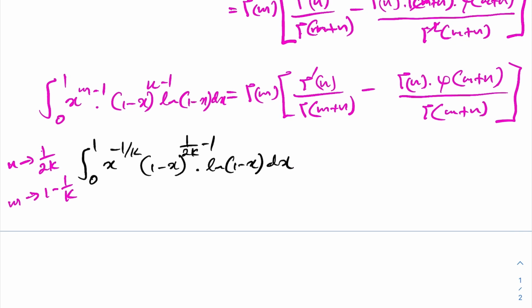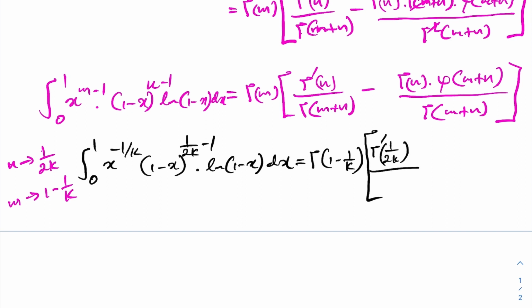Now this side, the right hand side, we have gamma of m, we know 1 minus 1 over k. Then here gamma dash of n, so gamma dash of 1 over 2 times k.